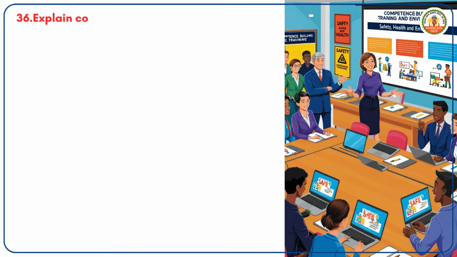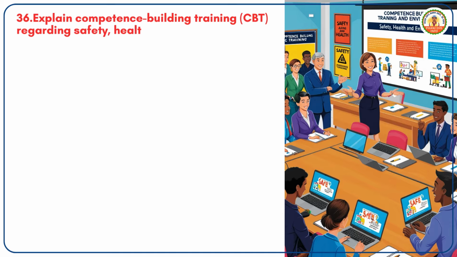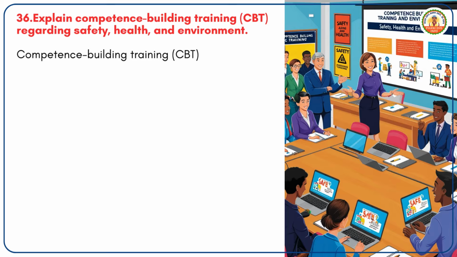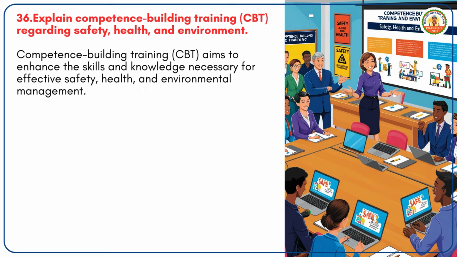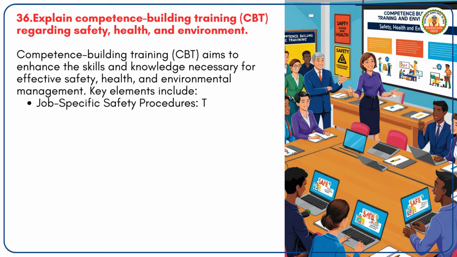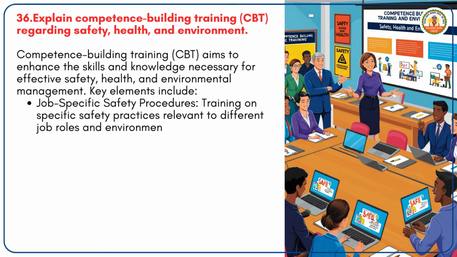36. Explain competence building training, CBT, regarding safety, health, and environment. Competence building training, CBT, aims to enhance the skills and knowledge necessary for effective safety, health, and environmental management. Key elements include job-specific safety procedures, training on specific safety practices relevant to different job roles and environments.